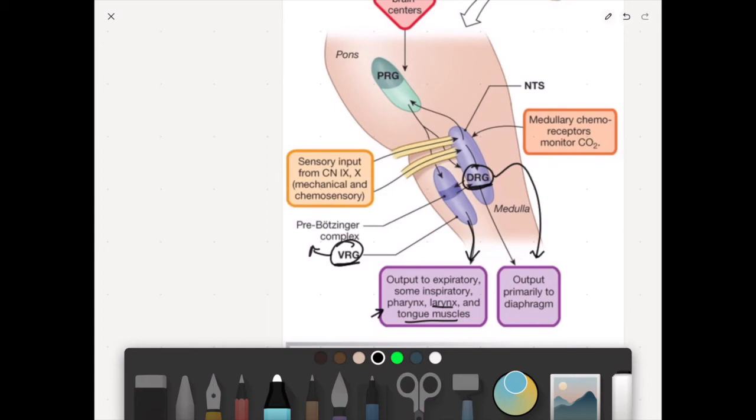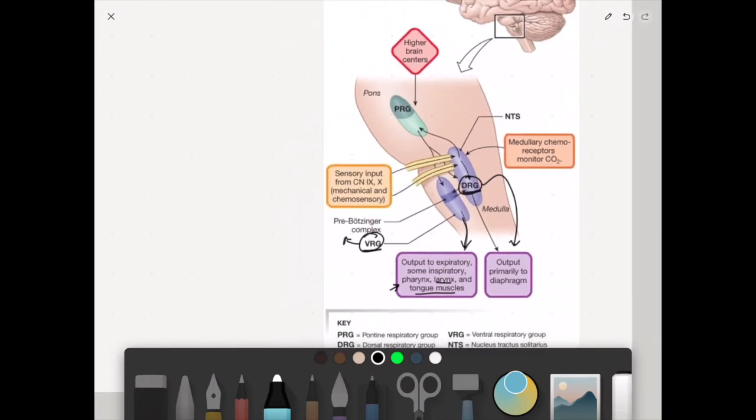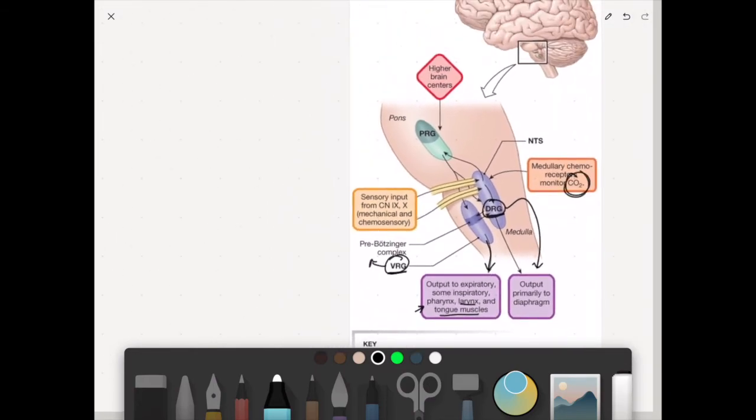And what this does is it allows us to make space in our pharynx for air to come in. There are also chemoreceptors in the medulla that can monitor carbon dioxide, and how they monitor carbon dioxide really is to monitor pH.